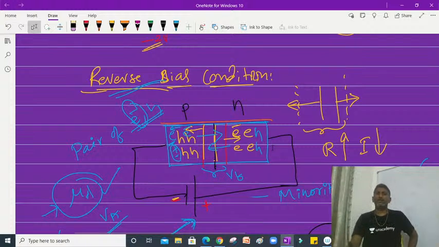In reverse bias condition, the p-type connects to the negative plate. So the holes repel till here and the electrons move up to here.